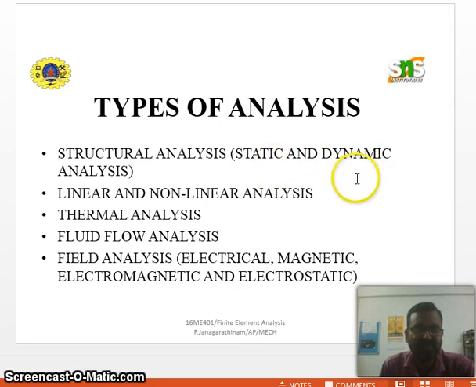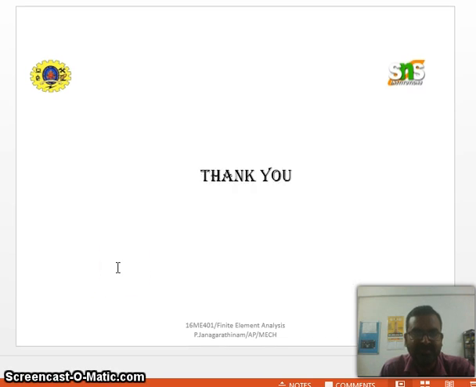A machine or product under static conditions is called static analysis. Under running conditions, we call it dynamic analysis. There are also linear and non-linear analysis, thermal analysis, fluid flow analysis, where we can use CFD, and field analysis of electromagnetic fields.